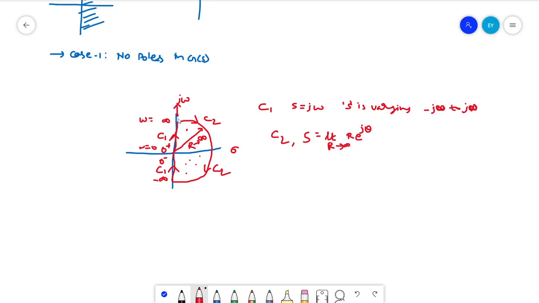Since it starts here at 90 degrees and goes this way and ends at minus 90, theta will vary from 90 degrees to minus 90 degrees. So this is the first case. Similarly, in the second case, let us consider a pole at origin.